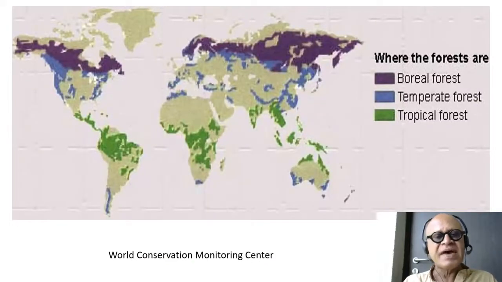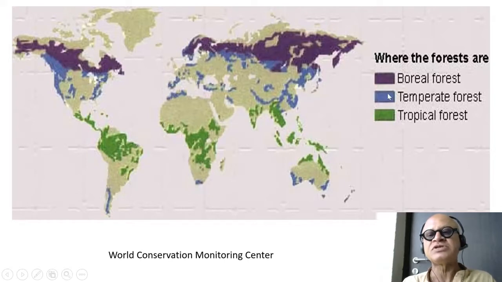There are many maps you will find which show the biomes, which get very complicated, and many categories of biomes. In general, forests are broadly classified as tropical, these green colors here. Temperate forests appear in the mid latitudes, and boreal forests at high latitudes, and there is tundra if you go into the Arctic Circle as well, which is not shown here.